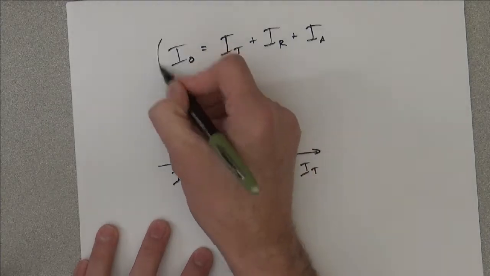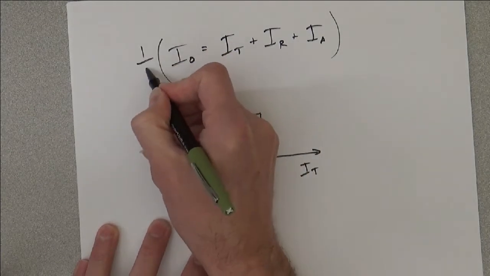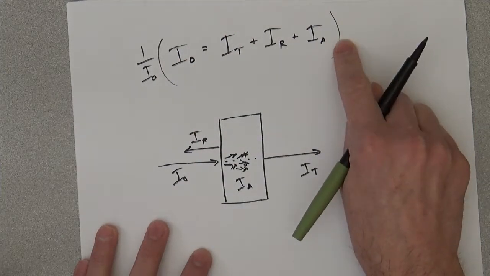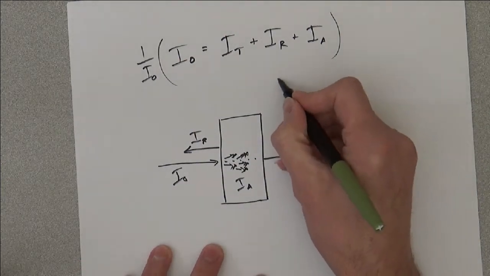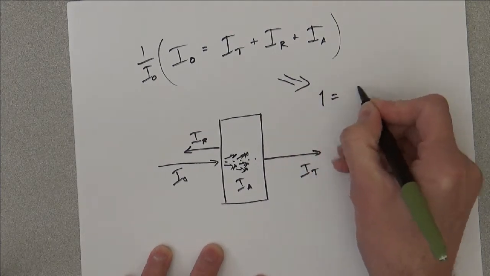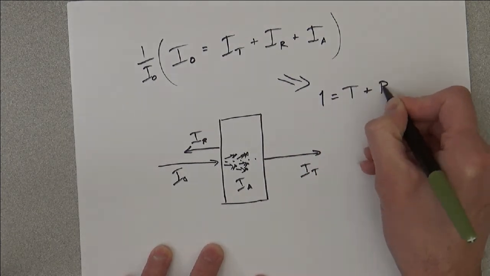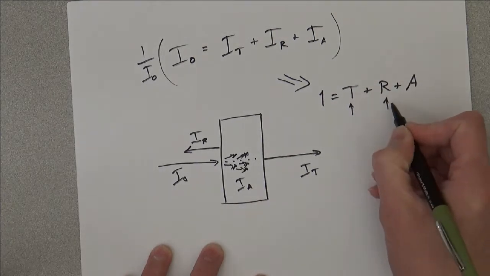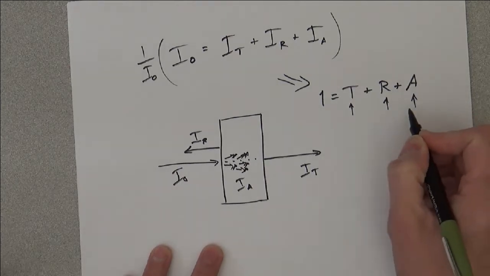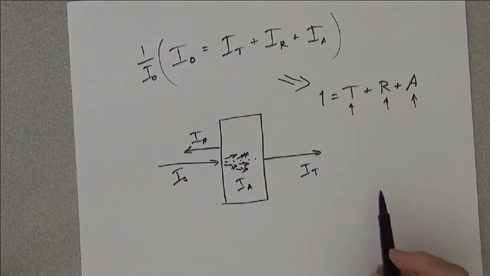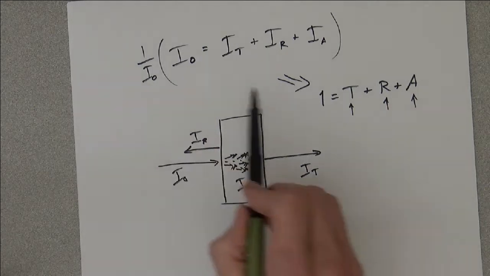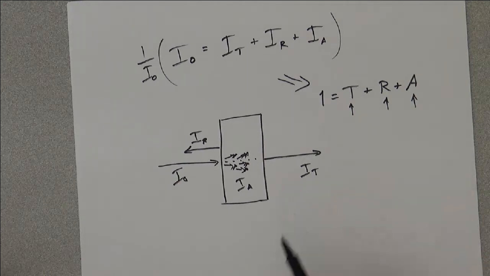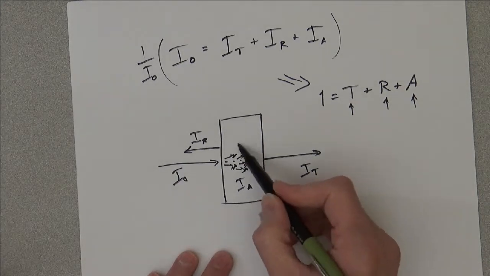If we take this and divide it through by the incident intensity, that will normalize this relationship and give us 1 is equal to T plus R plus A, where that is the transmittance, that is the reflectance, and that is the absorbance. Basically, it's giving us the fraction of the incoming light that goes through one of these processes. Now, I talked here about scattering and absorption.